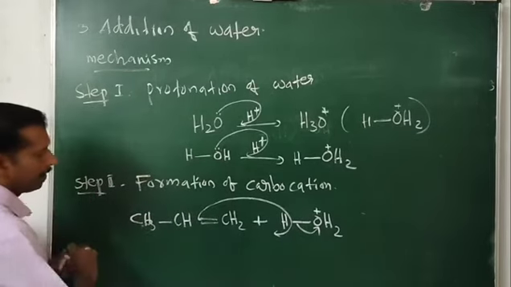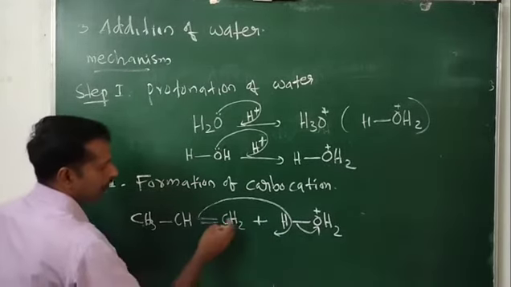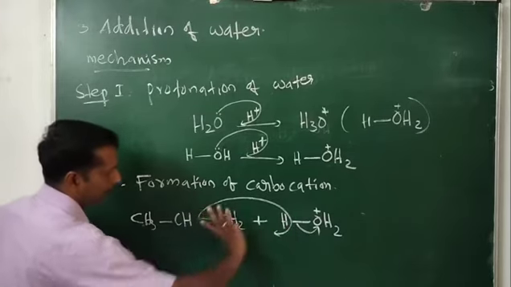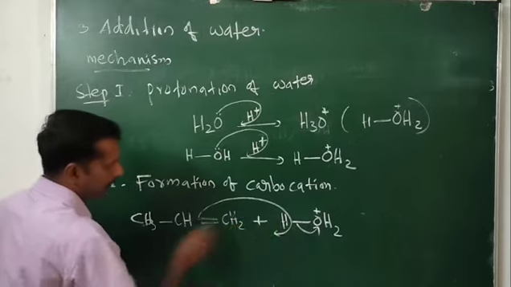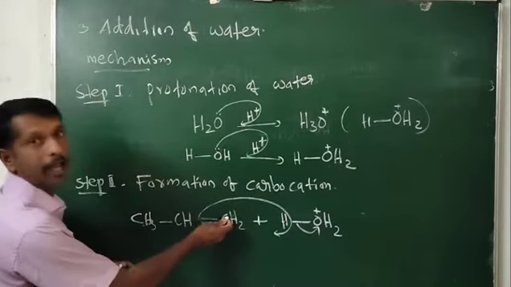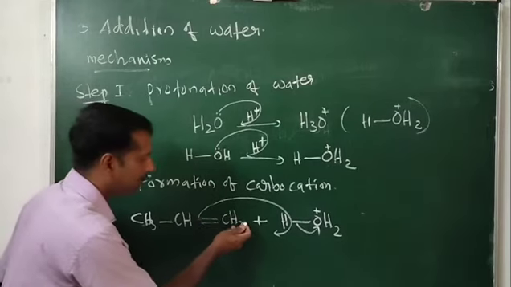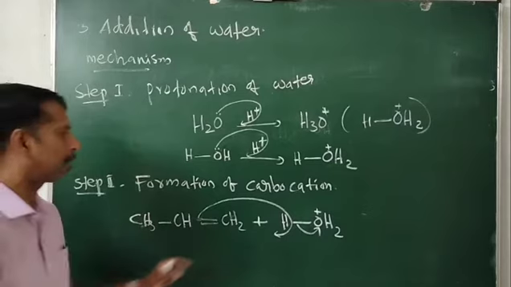So what will happen? This bond breaks from this carbon, and that means this hydrogen is coming to this carbon, because the bond breaks from this carbon and this bond is joining with the hydrogen. According to Markovnikov's rule, this carbon is having the highest hydrogen, therefore this hydrogen is also coming to this carbon, and what we get?